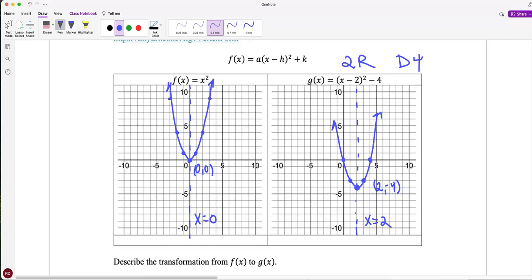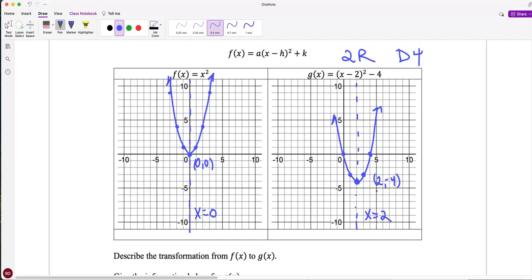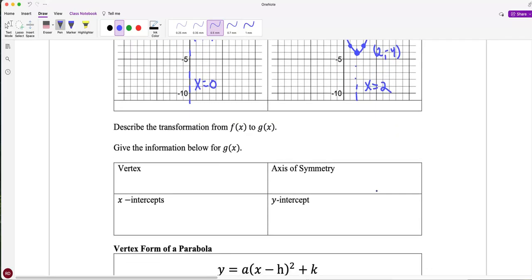So the transformation is just 2 to the right and 4 down. If I look at this g of x that I just graphed, its vertex is 2, negative 4, and the axis of symmetry was x equals 2.